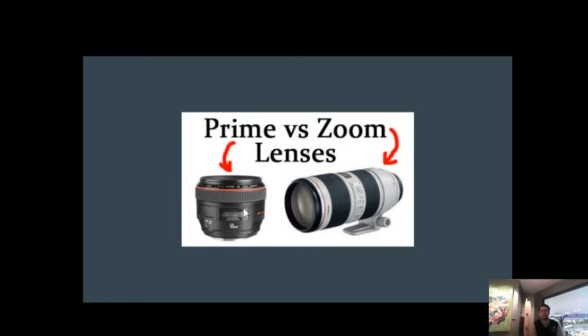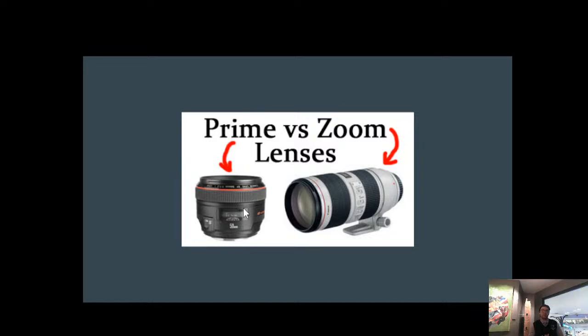There's a bunch of different ones, but a zoom lens will have multiple numbers, and you can toggle between the numbers. A prime lens stays at one number consistently, and it's only that. So a 50 millimeter prime, a 35 millimeter prime, a 15 millimeter prime, a 100 millimeter prime. Those are all examples of lenses that you can't switch the number, but you can change the aperture, and they'll stay at that consistent number.